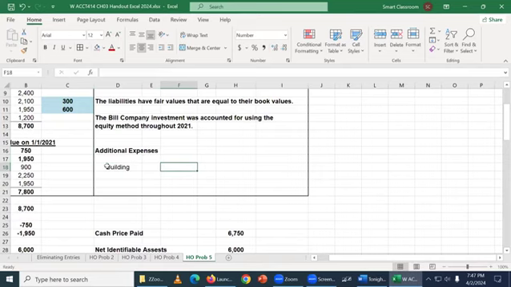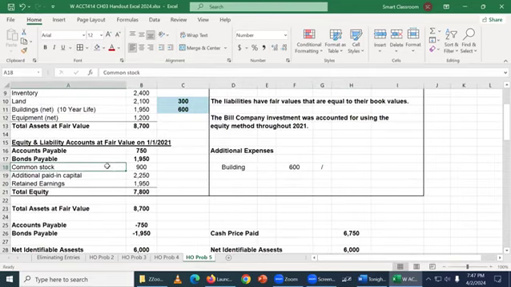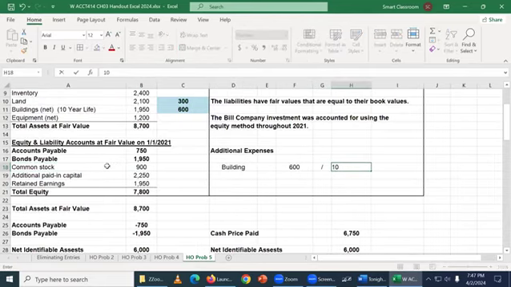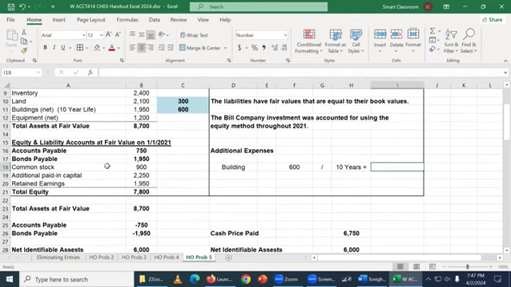Building was 600. Divided by, it's 10 years again, right? Or 5, 10. 60.